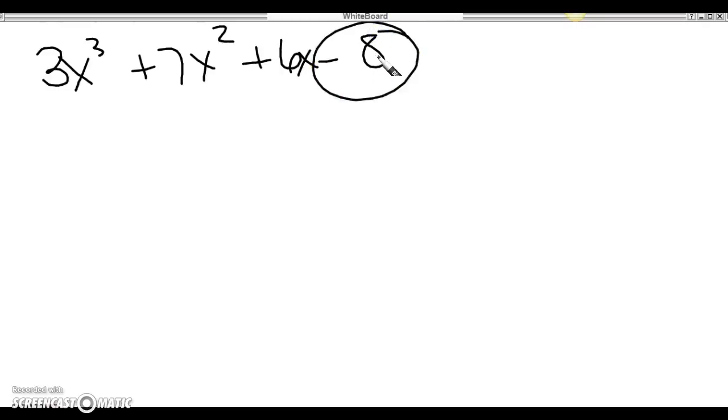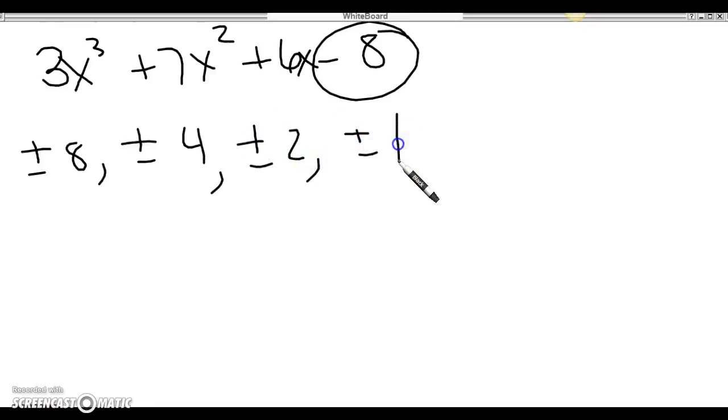My constant term, I have plus or minus 8. My factors of 8 are plus or minus 4, plus or minus 2, and plus or minus 1. So these are the numbers that I can break out of the 8. Now let's look at the coefficient of my leading term, which is 3. So that's plus or minus 3 and plus or minus 1.